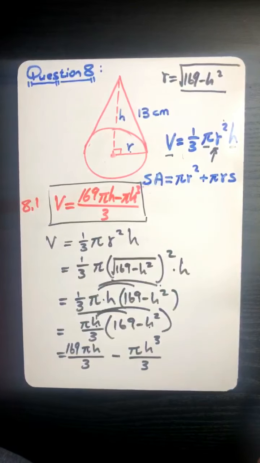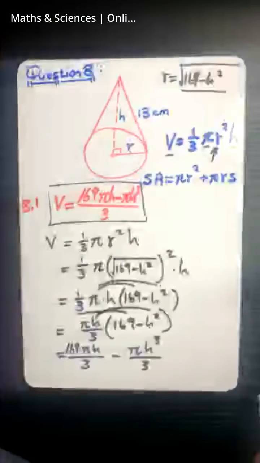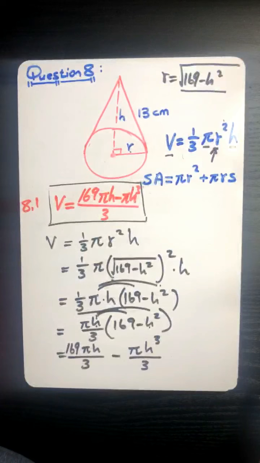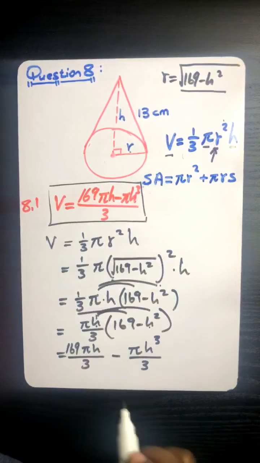I'm not sure if I'm losing you guys. Are we still together there, guys? Yes, sir. So how did we get the 169 pi h and the pi h cubed?